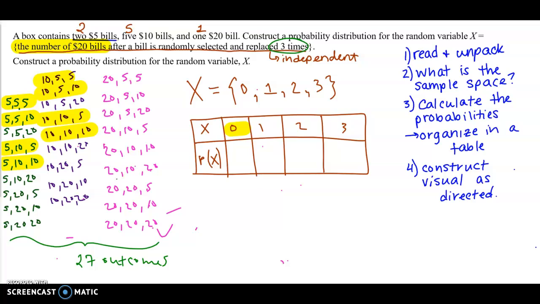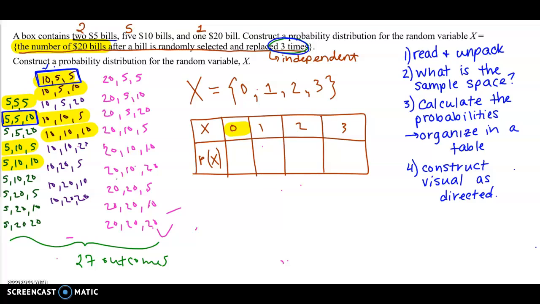All right, the conversation we need to have is, are we counting something like this to be the same as this? And we're going to say no, because if they were selecting it and replacing it 3 times, we're going to count those as separate.